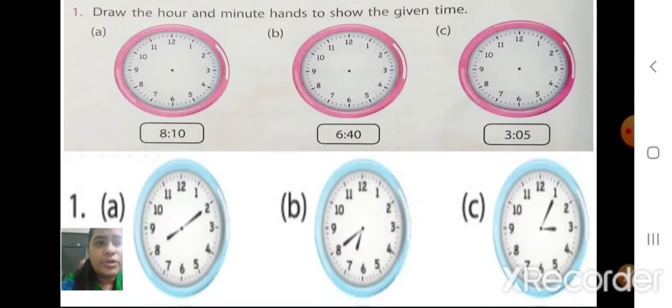The hour hand will be in between 6 and 7, right? And for 40, the minute hand will be on 8 because 8 fives is 40. The last one is 3:05. So the minute hand will be on 1 and the hour hand will be on 3. Draw it properly, children.